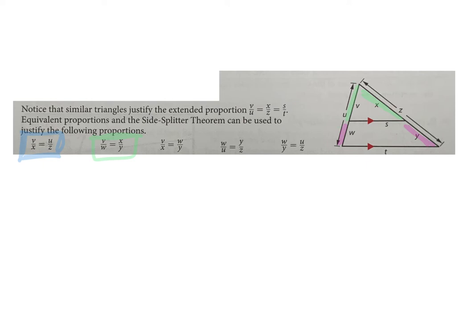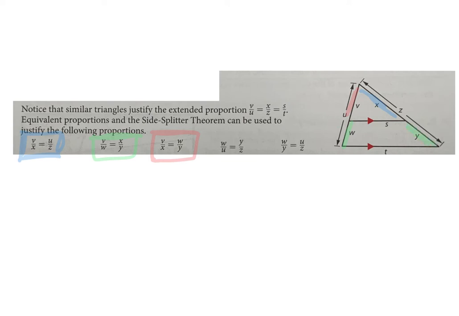The next one they did, if you look at the next one here, they have V to X, right? V to X. And they compared that to W to Y. So they just changed out how the proportions were written.